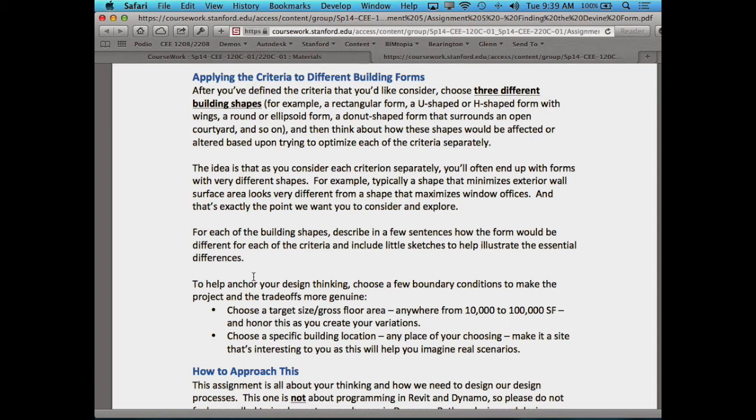In fact, a variation of this shape, which is interesting, is the courtyard building. Let's talk about courtyard buildings. Why do we build them? They have a big historic precedent. What were courtyard buildings good for?